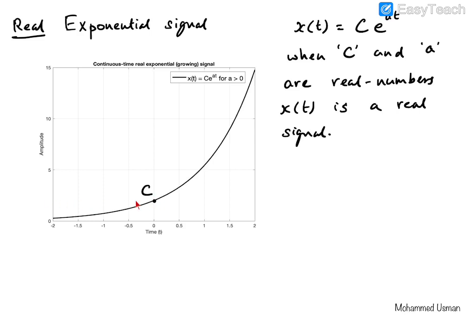And as you can see, the value of c is somewhere around 2. So it is 2 e power some positive value for a times t. That corresponds to a growing exponential. When a is positive, x of t is a growing exponential.